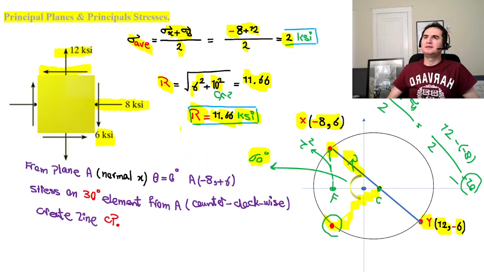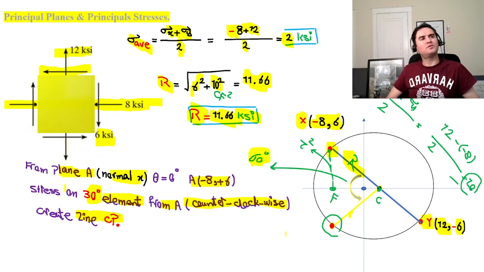And from plane A, point A, which is negative 8 and positive 6, the stress on the 30 degrees element from a counterclockwise rotation gets us to line CP. So that's the line CP.